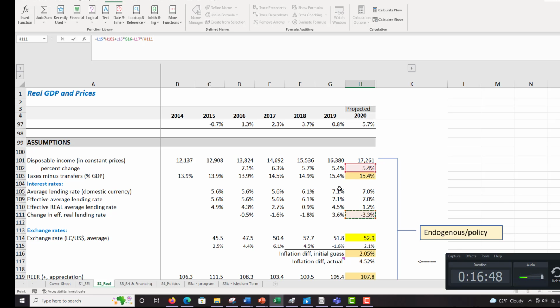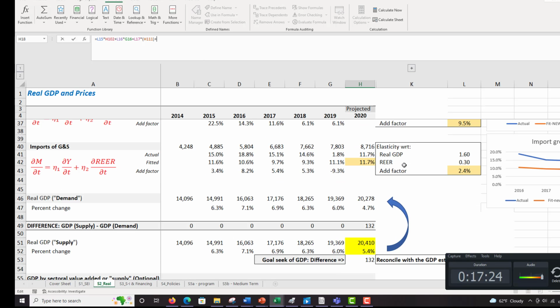First we took note of the nominal lending rate, and then we took an effective lending rate, which we'll discuss later on, and then we turn this from a nominal interest rate to a real interest rate, and you can see that the change here is that because of higher inflation, that real interest rate has gone down from 4.5 to 1.2. That's a change of 3.3. So we're going to multiply that by 0.3, and then finally we're going to put in the add factor here.